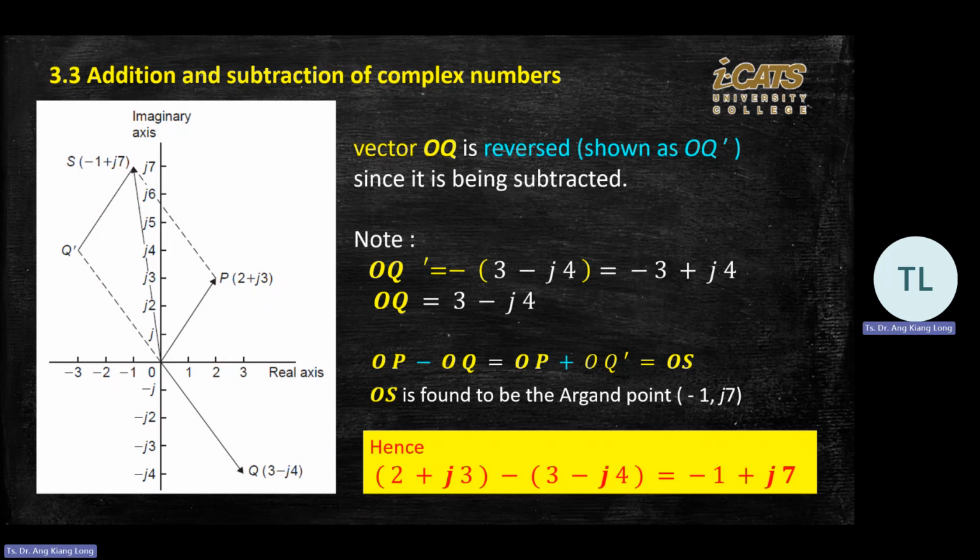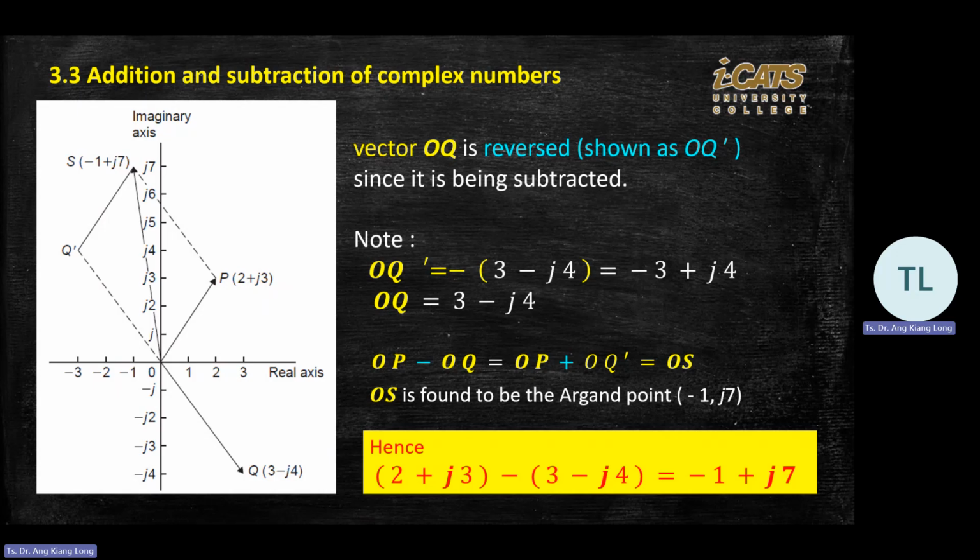You can write it as OP plus OQ comma. OQ comma is equal to the new vector, which is represented by OS. In mathematics, if you don't know the OS, you can just put a parameter, like X or XYZ, if you don't know, right?